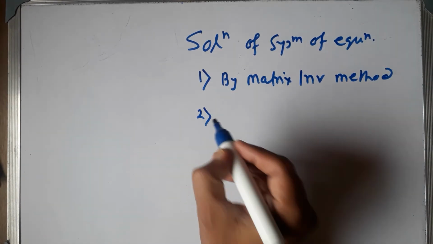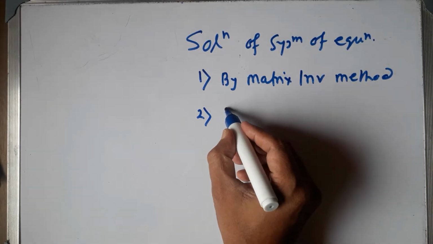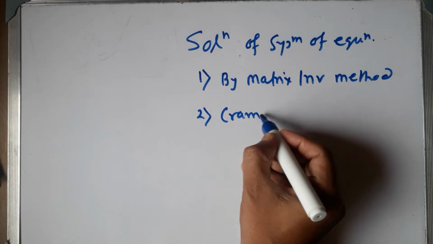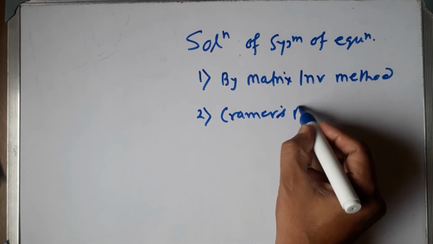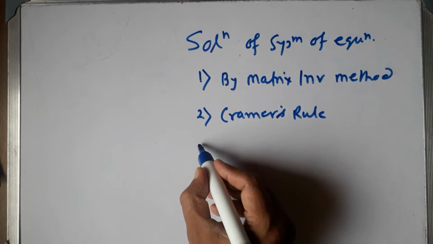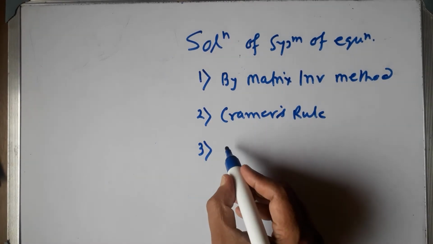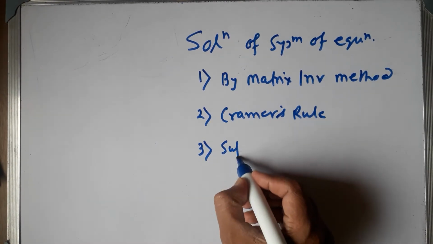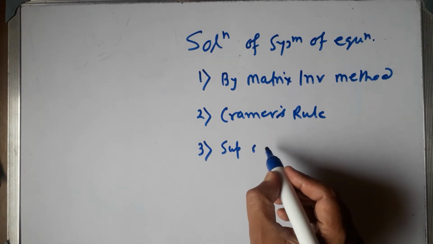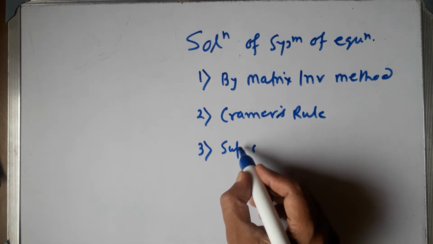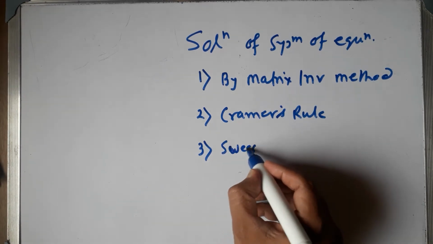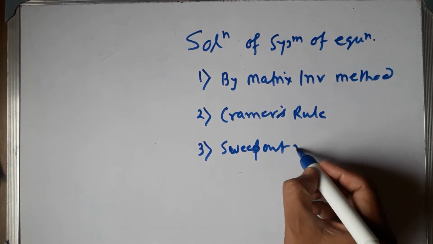Number 2, Cramer's rule. And number 3, sweep out method.